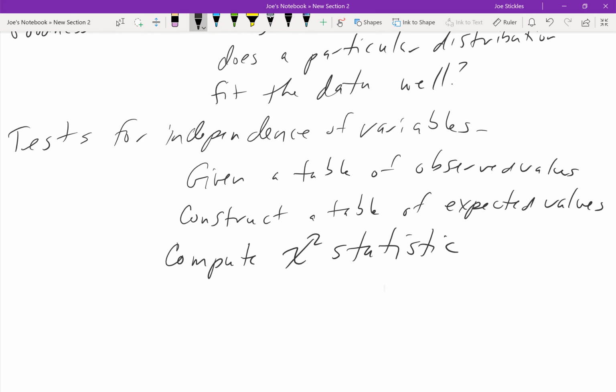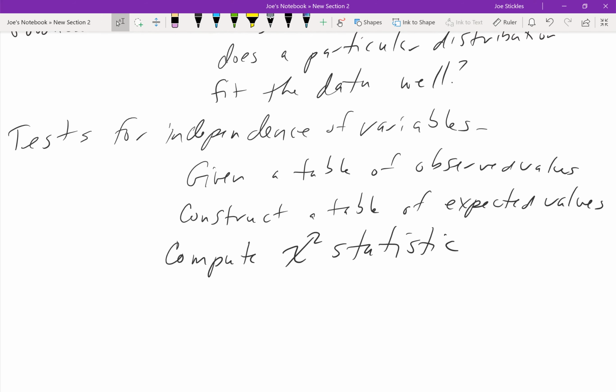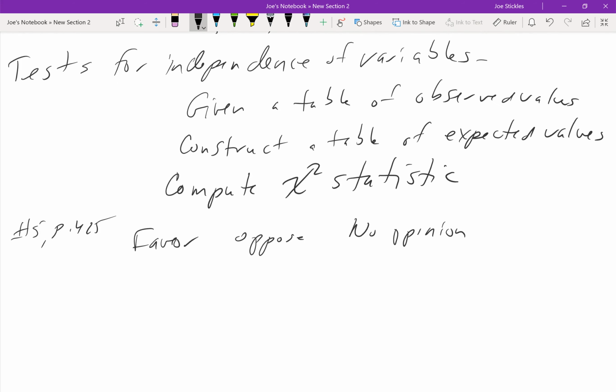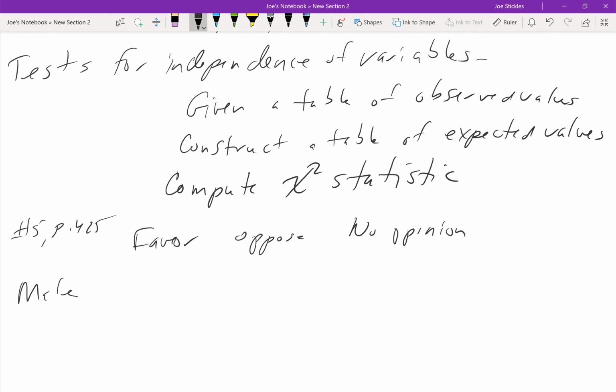So just as a quick one, this is number 5 on page 425. Just talking about how we set those things up. So this is gender versus whether or not they care if people smoke in public.